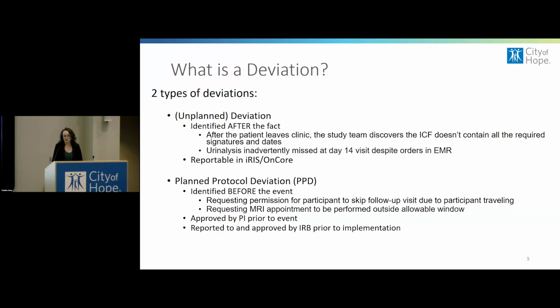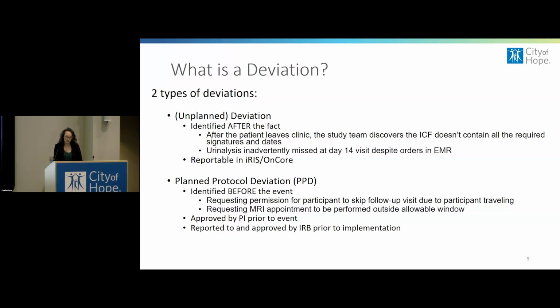Another example would be, let's say, despite the fact that the orders were placed by the CRN, if a urinalysis was not completed at a visit, then that would be considered a deviation. And you don't necessarily find out about it until the patient's already gone and you can't collect that sample.